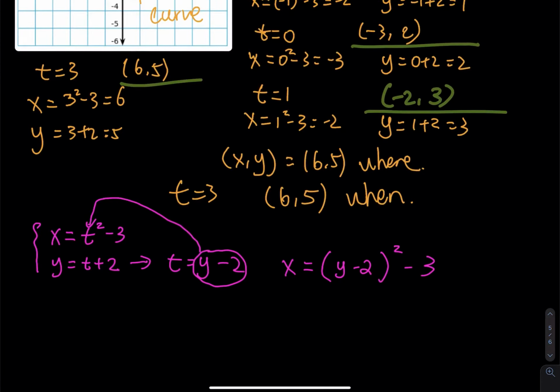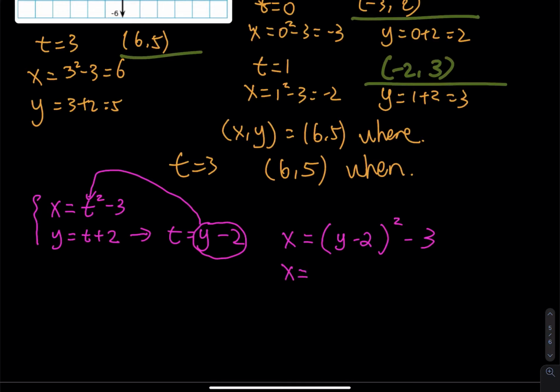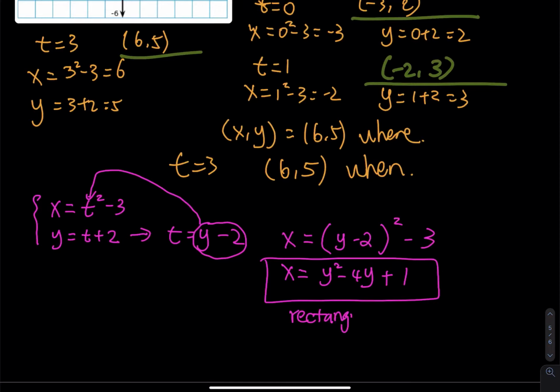You expand that. x equals y squared minus 2y minus 2y is 4y, and then plus 2 times 2 is 4. 4 minus 3 is positive 1. So this is my rectangular equation.